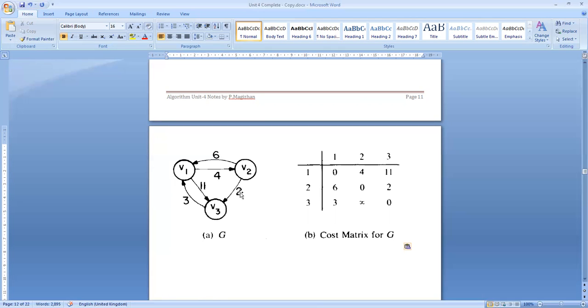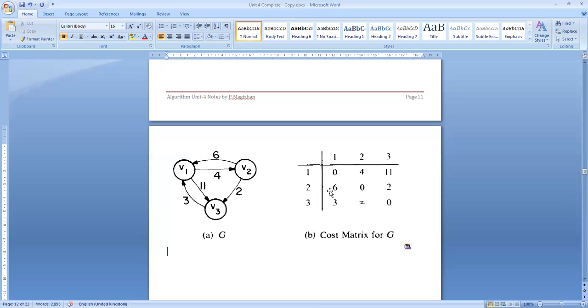Now, there is an edge from vertex 1 to vertex 2, and the value is 4. Vertex 1 to vertex 3, we have an edge, the value is 11. Then 2 to 3, we have an edge, the value is 2. Then 2 to 1, yes, we have an edge, the value is 6.